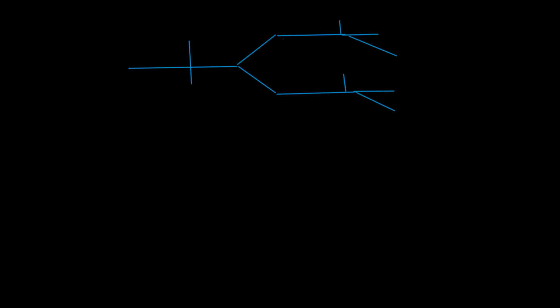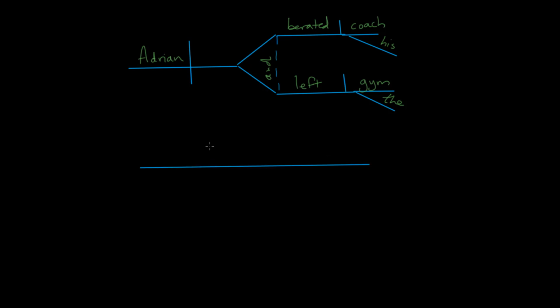And we'll start with verbs. So this particular sentence reads, Adrian berated his coach and left the gym. And notice how the verbs are connected with and, then you can also see how each verb actually has a direct object right after it. In our next example, we're going to see that the coordinating conjunction can also tie together adjectives.